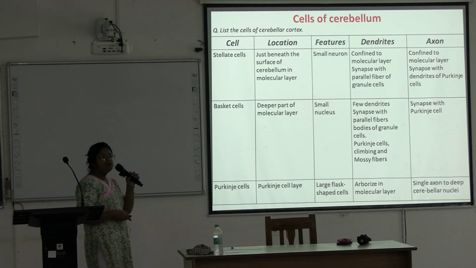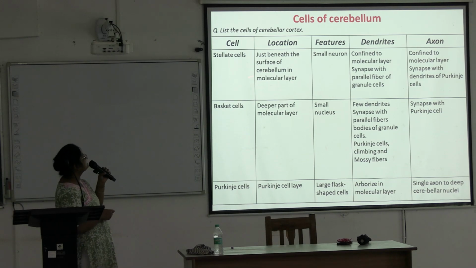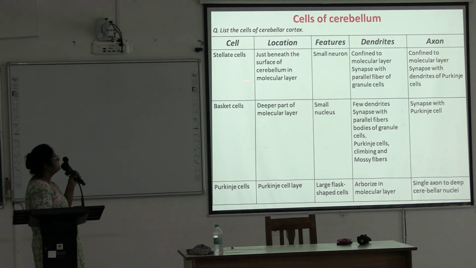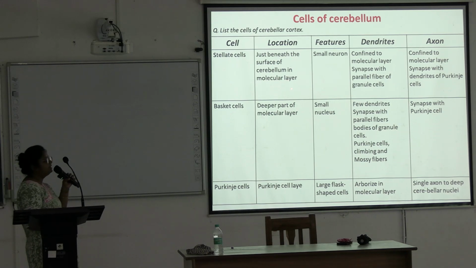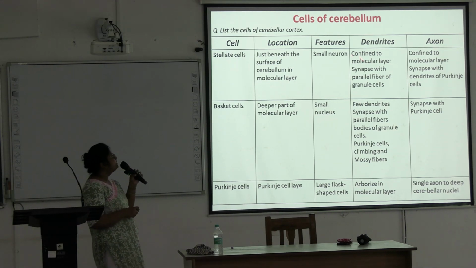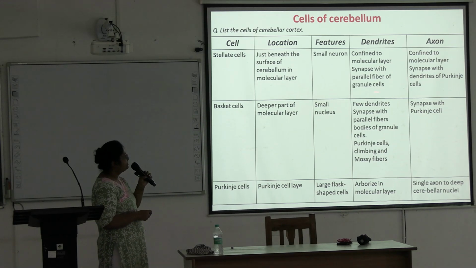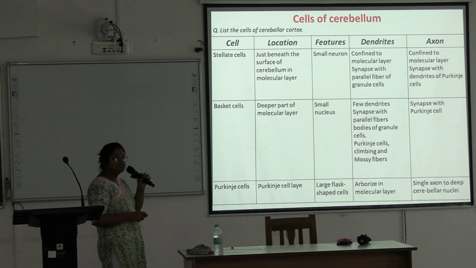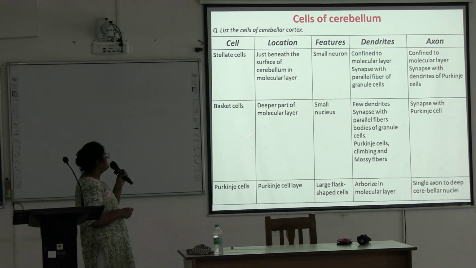Next we are going to the individual discussion of cells. Stellate cells are located just beneath the surface of the cerebellum in the molecular layer. It is a small neuron confined to the molecular layer, synapsing with parallel fibers of the granule cells and with dendrites of the Purkinje cells. Next are basket cells.